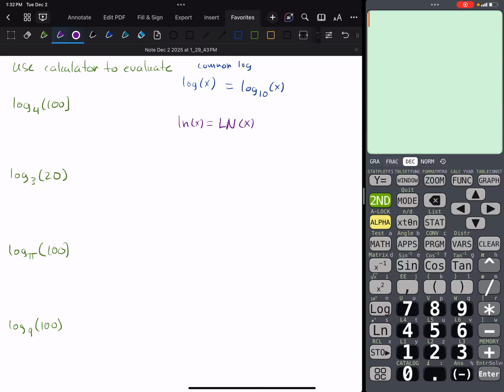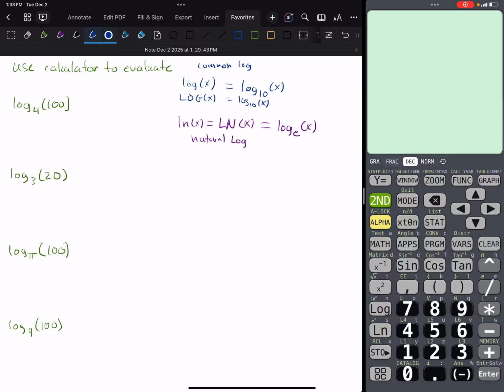I just typically don't like writing it that way by hand. It's again very often log of x, the same thing, log base 10 of x. This ln is going to be log base e of x, and this is my natural log.